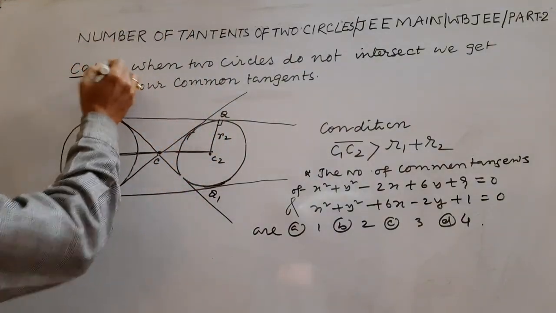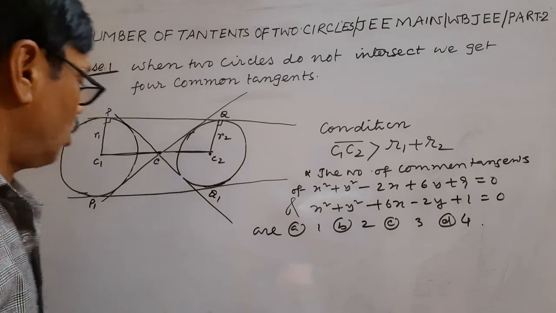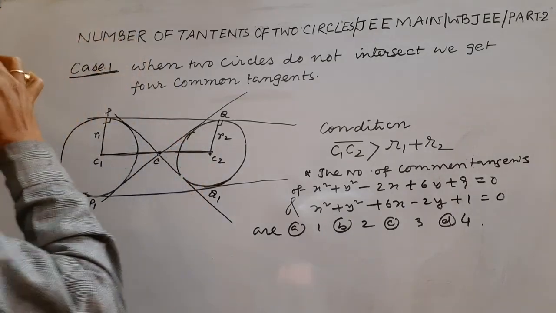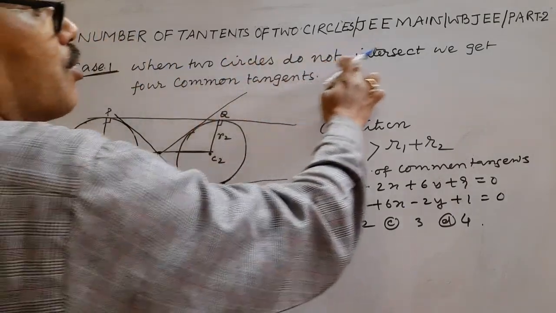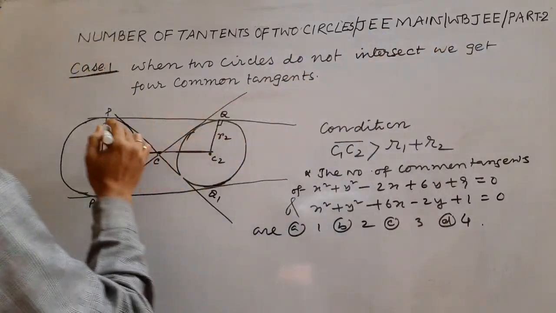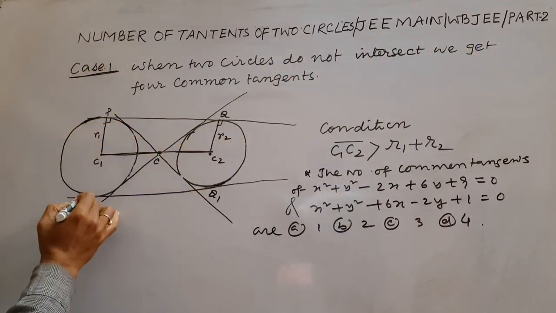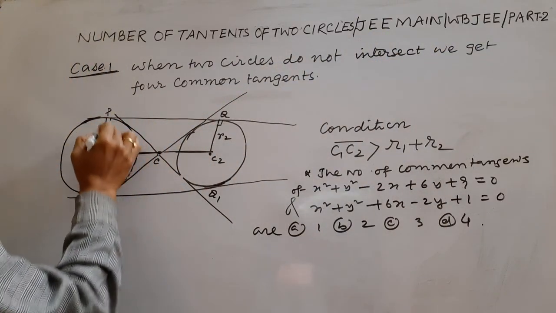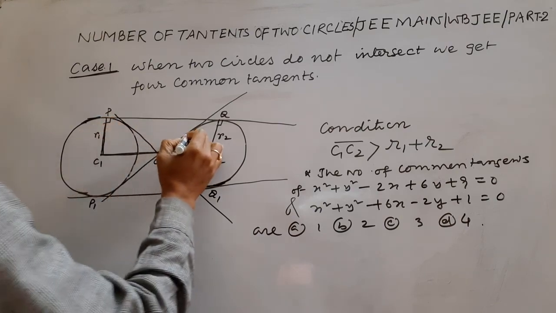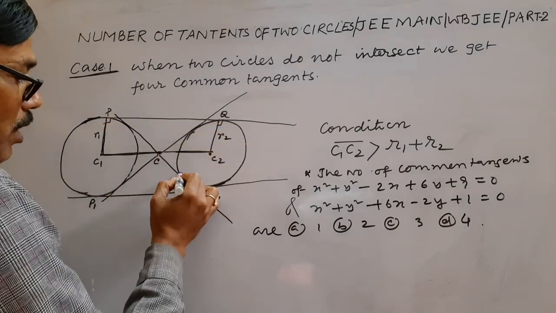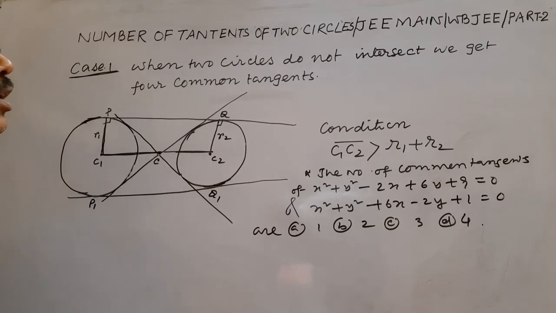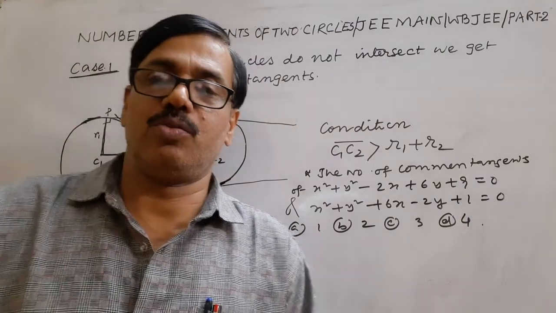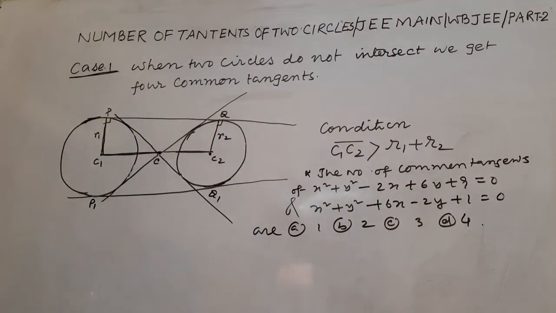Case 1. When two circles do not intersect. So look, here this one is a circle of radius r1 and this is another circle of radius r2. Here two circles do not intersect.